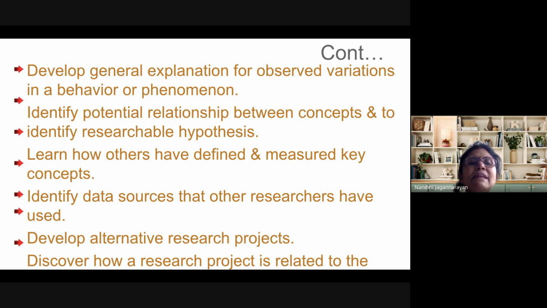And you will develop alternative research projects, like how a research project is related. Like for example, a study was done in Tanzania. So I tried seeing how it works in rural Maharashtra. Are the findings the same or are they different? Say for example, I identify a place where people's income levels are similar to Tanzania.